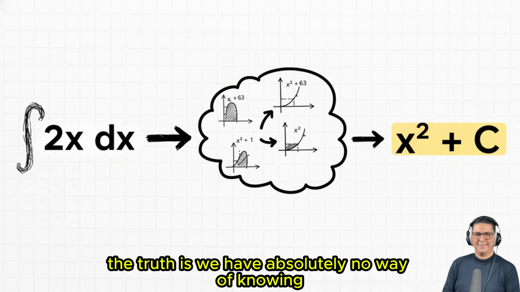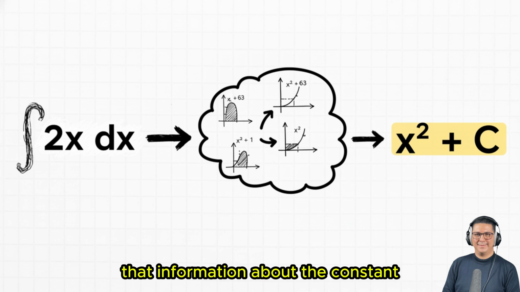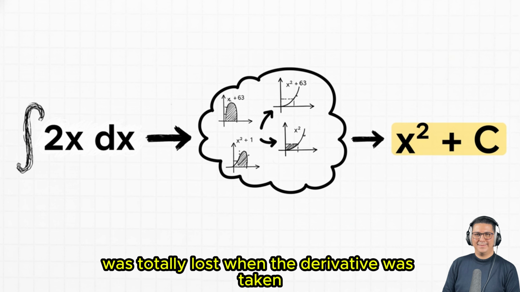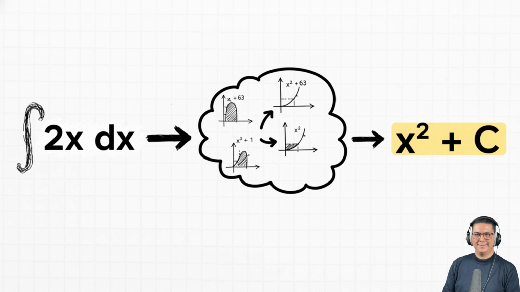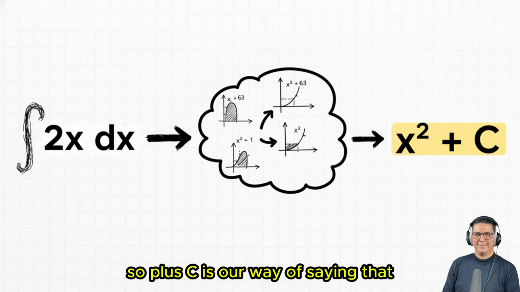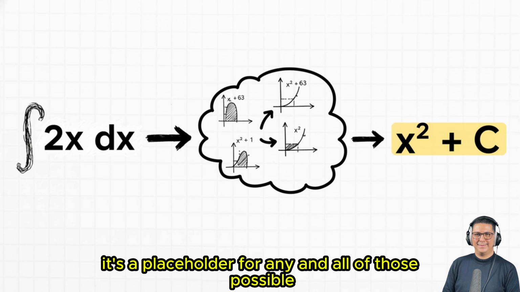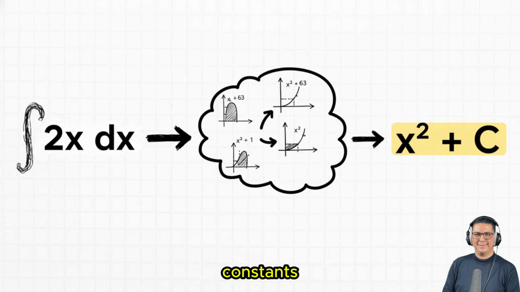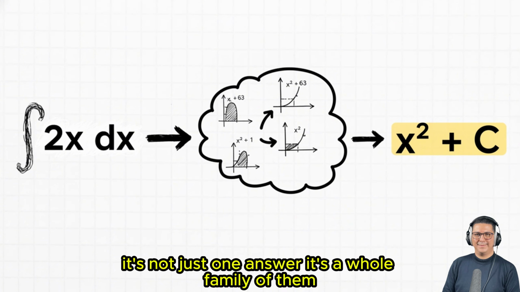The truth is, we have absolutely no way of knowing. That information about the constant was totally lost when the derivative was taken. So plus c is our way of saying that. It's a placeholder for any and all of those possible constants. It's not just one answer, it's a whole family of them.